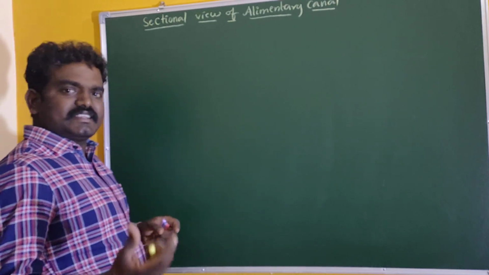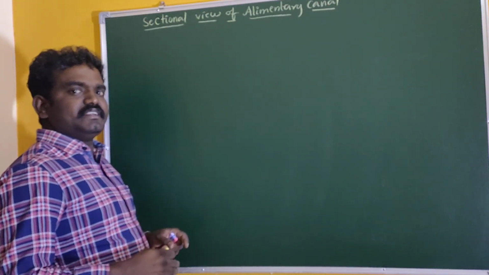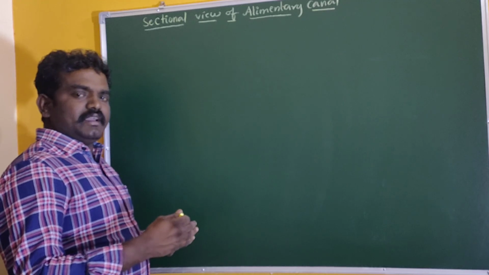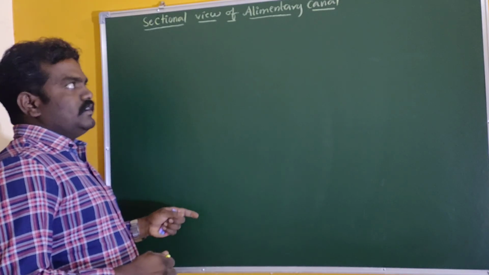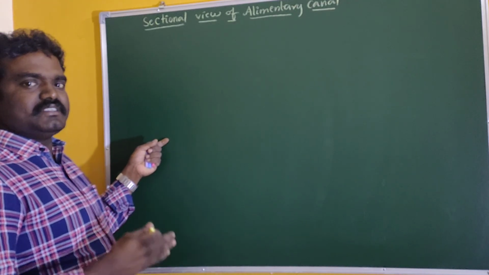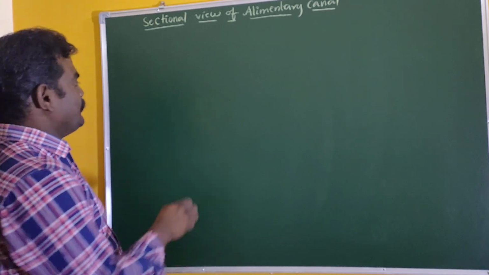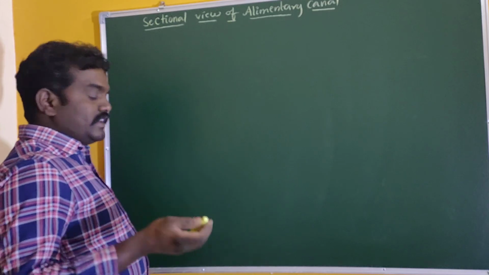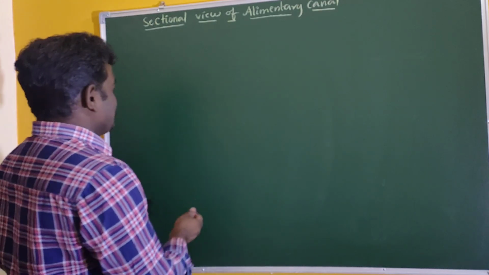in the previous class we already discussed the information related to the alimentary canal wall. Now we are going to learn about the diagrammatic part related to the wall of the alimentary canal. There are 4 layers noticed in this.